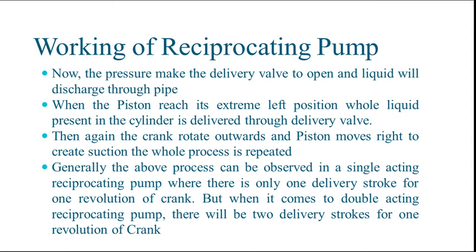When the piston reaches its extreme left position, the whole liquid present in the cylinder is delivered through the delivery valve. Then again, the crank rotates outwards and the piston moves right to create the suction process. And in this way, the whole process is repeated.